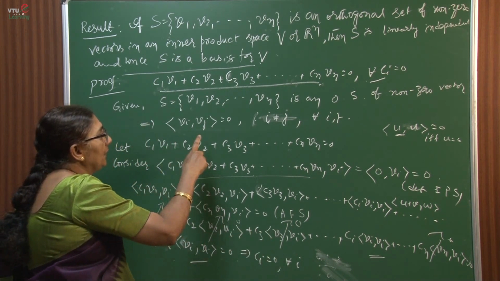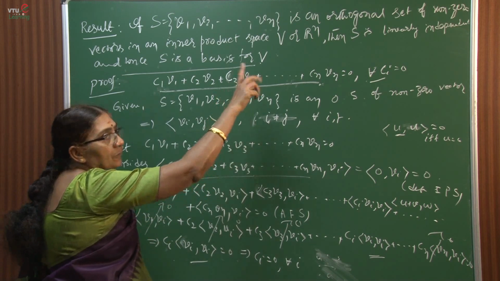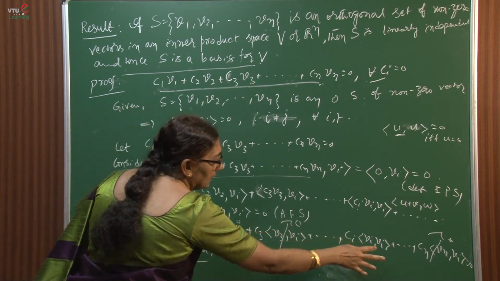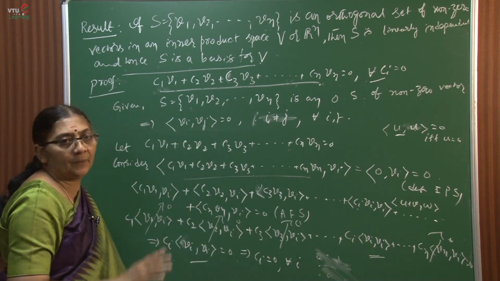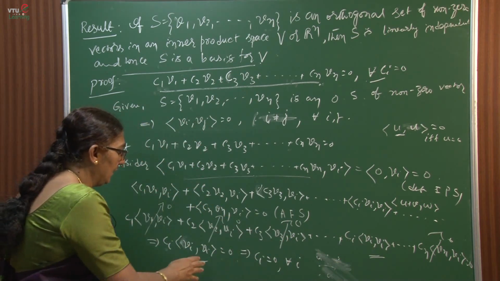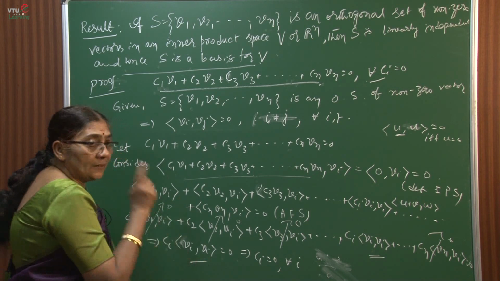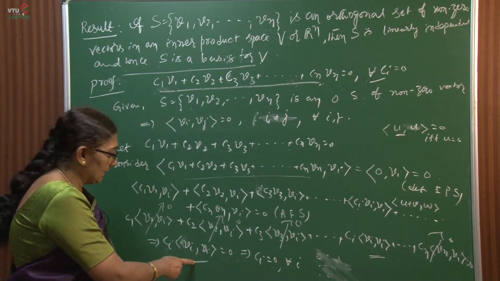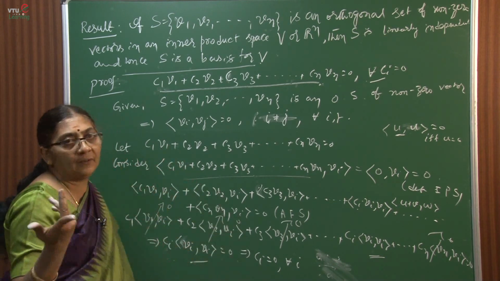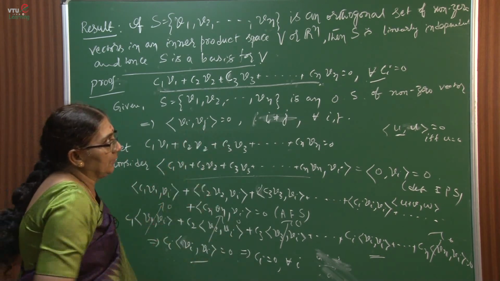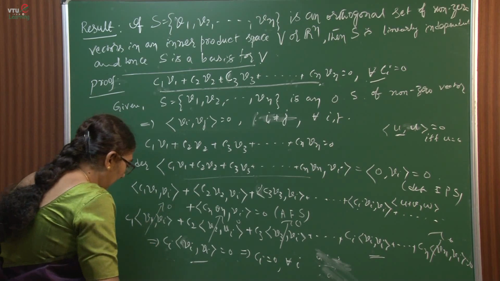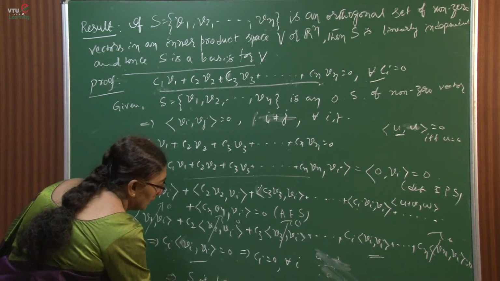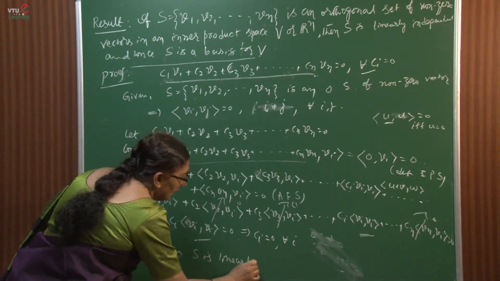Since V1, V2 and so on form an orthogonal set, except for the inner product of Vi, Vi, the rest of the terms are 0 from the definition of an orthogonal set. A product being 0 means at least one factor is 0, and the inner product of Vi with Vi is not 0 from the definition of an orthogonal set of non-zero vectors. So Ci is 0 for every i. This gives that S is linearly independent.